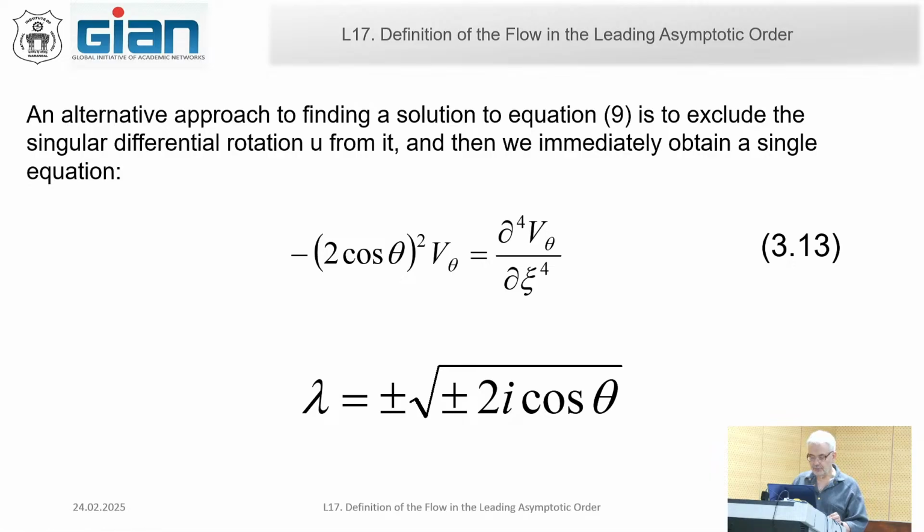Eventually we can also write down the characteristic number which appears from this equation, and this lambda is shown here.